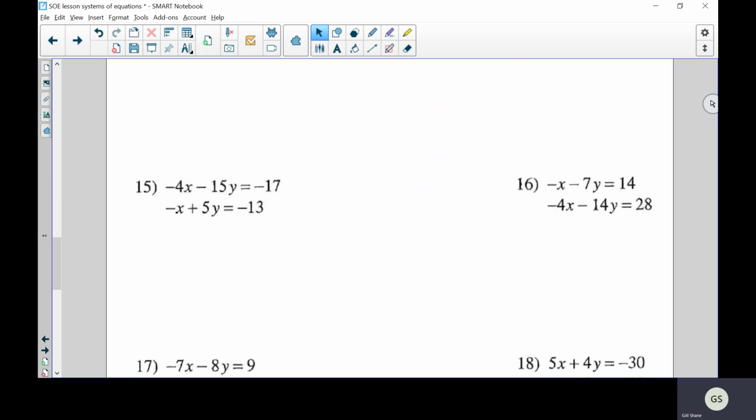Got y is 1 for number 2. Let's see. This one has negative 1 or positive 1. Yep, your y was correct. Your x should be 7. Make sure you know how to use these.